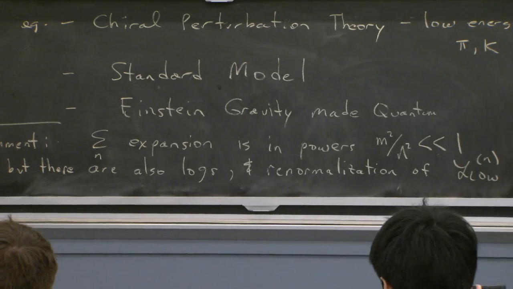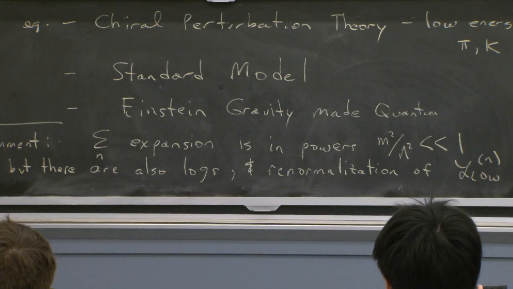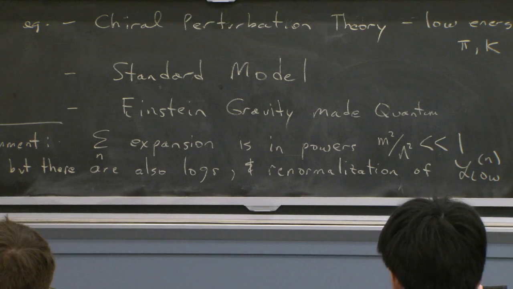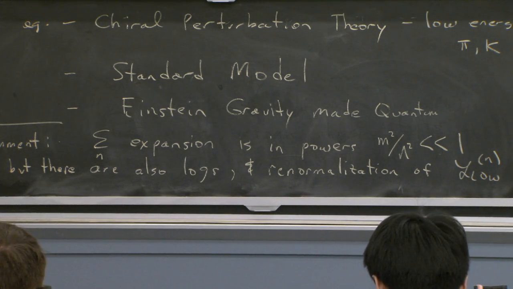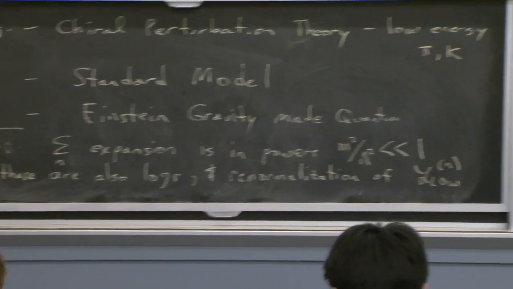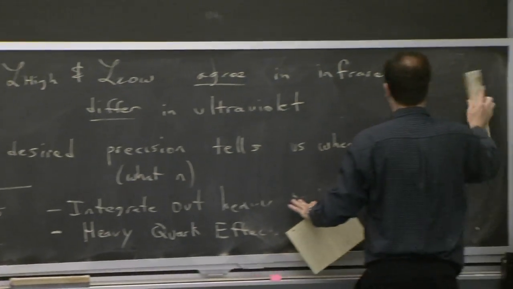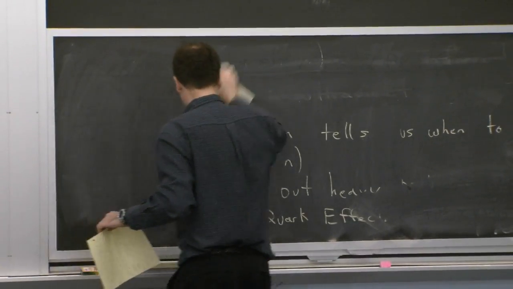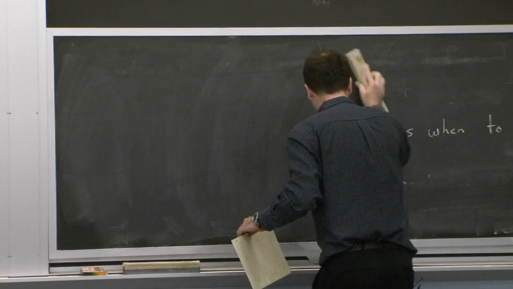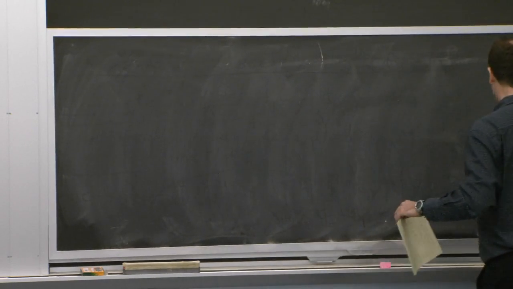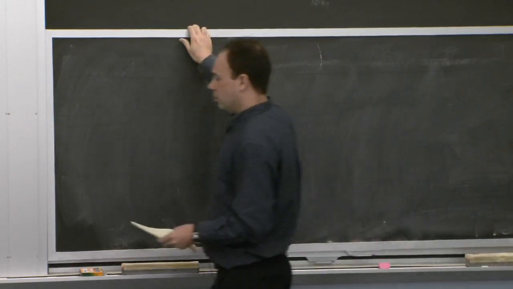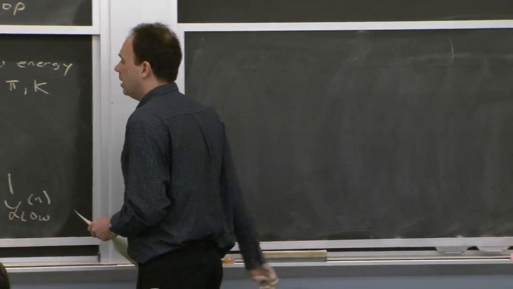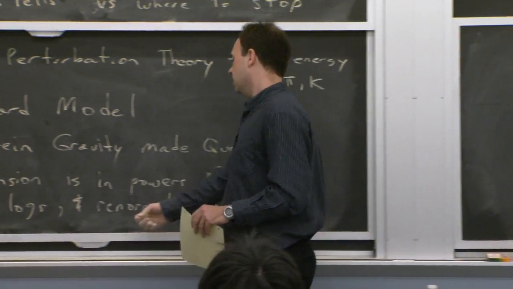So when you treat the renormalization of the low energy theory, as you know from quantum field theory, you have different types of divergences, power divergences, but the logarithmic divergences in particular are things that play an important role often in quantum field theory. And in effective field theory, it's the same thing.